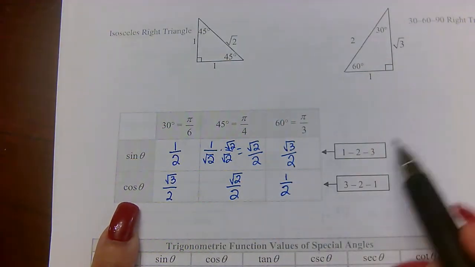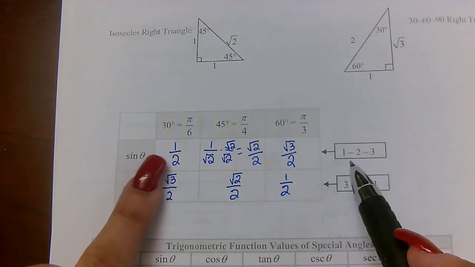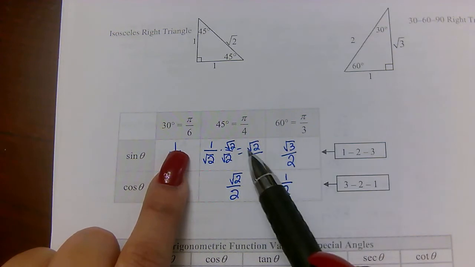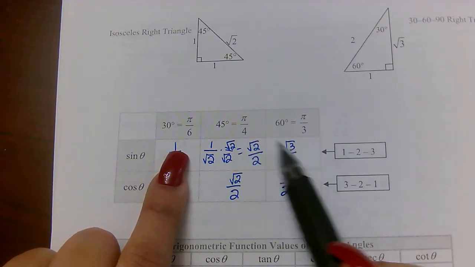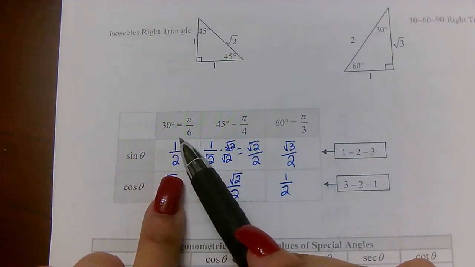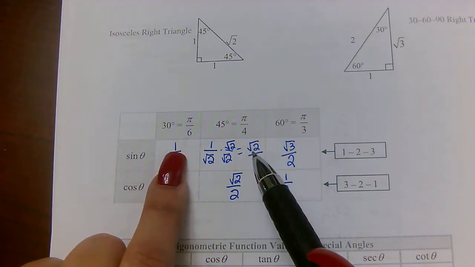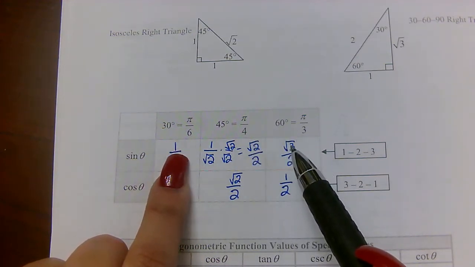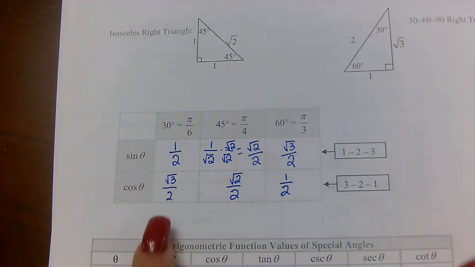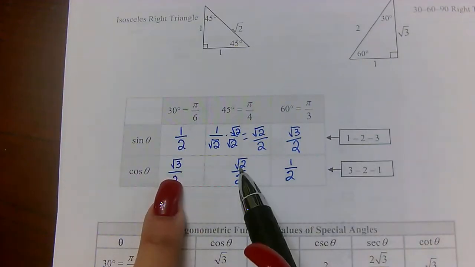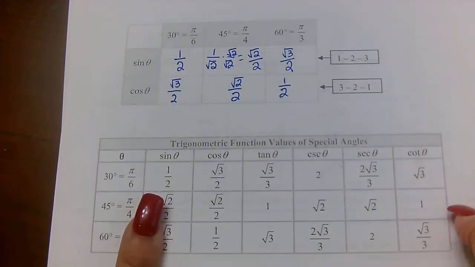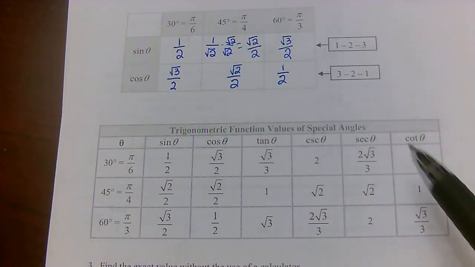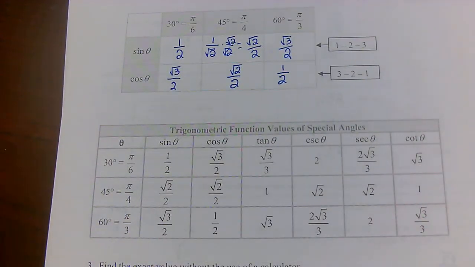All they're showing you here is that if you look at the numerators, you have 1, 2, 3. If you imagine this being the square root, it'll all be the square root of 1, square root of 2, square root of 3. Square root of 1 is just 1, so that's why they're using the 1, 2, 3. Same thing here, 3, 2, 1. And then here's the rest of the table that they use to find out all of the other trig functions.